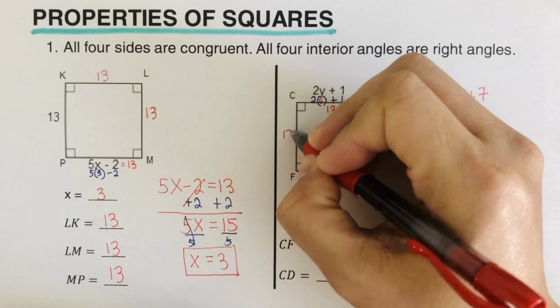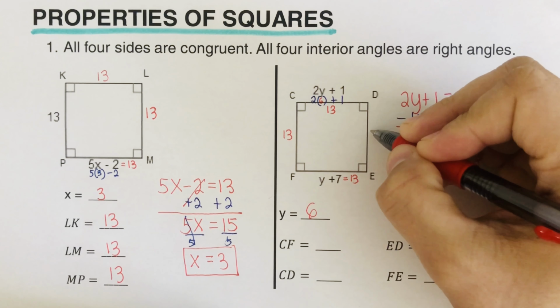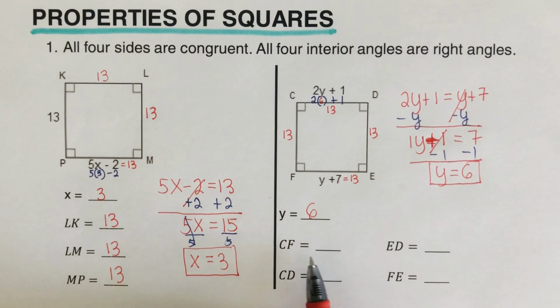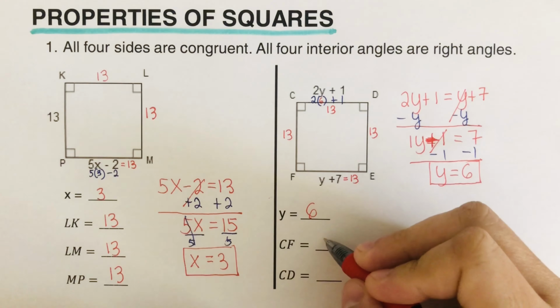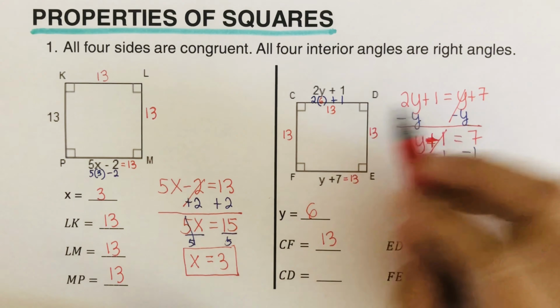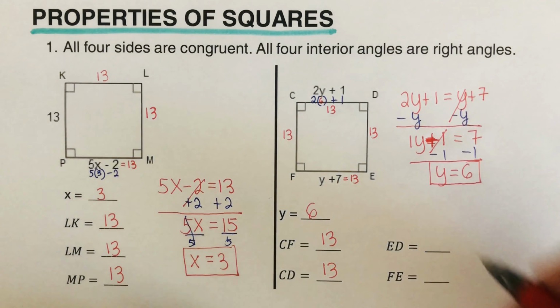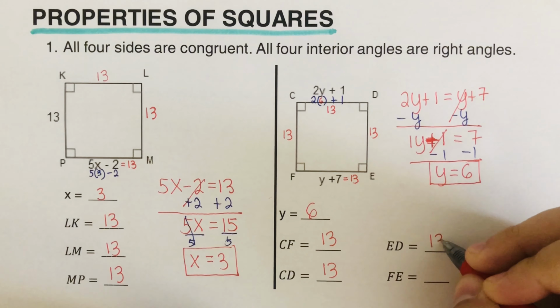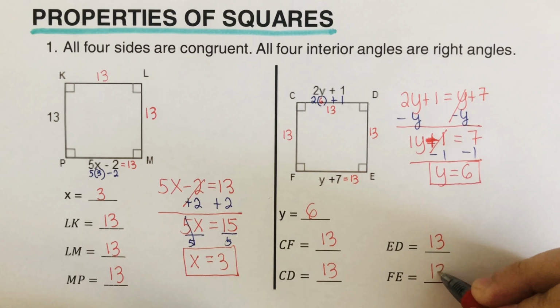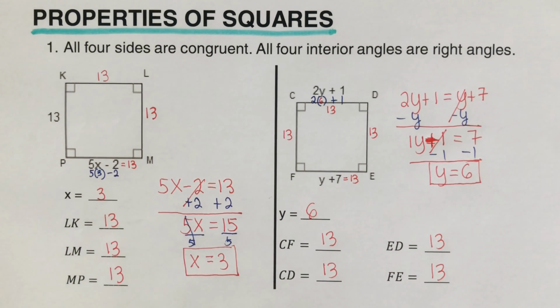So all the rest would also be 13. In this case, CF is 13, CD is 13, ED is 13, and FE is 13.